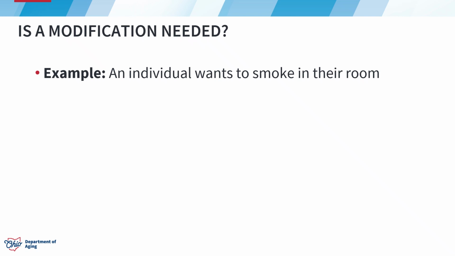In this situation, there are not any restrictions that are limiting the individual from receiving the setting requirements. There are no restrictions on the individual from smoking. The provider is not saying you can't smoke. The setting is allowing the individual to smoke, just not in their room. They have to move to an outdoor location.